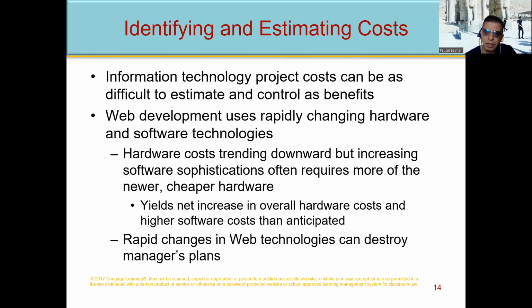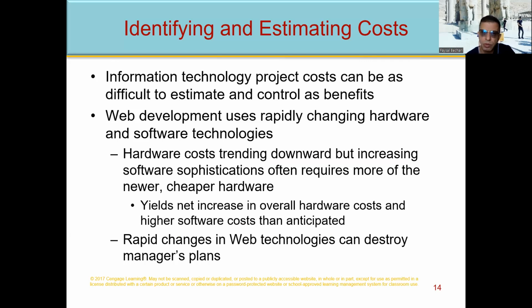So, identifying and estimating costs under this subject, we see that information technology project costs can be as difficult to estimate and control as benefits. 30 to 40% of projects are behind schedule.